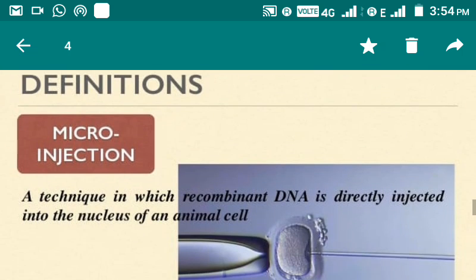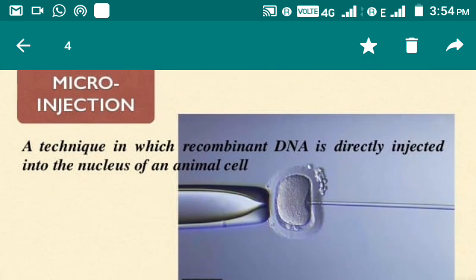Next one is microinjection. Microinjection is a technique in which recombinant DNA is directly injected into the nucleus of an animal cell. When transformation is conducted in an animal cell, at that time we need microinjection, because animal cells are very complex.